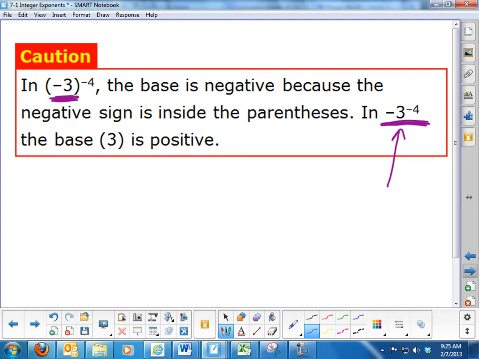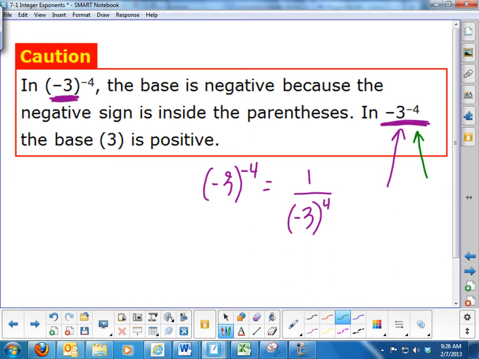So negative 3 in parentheses to the negative fourth power would be, to make my negative exponent positive, I bring it downstairs. I keep that negative 3 in parentheses though. That part's not changing. But now my 4 is positive as an exponent because it was brought from upstairs downstairs. Whereas in this example right here, my negative is going to just stay out in front. And when I bring my 3 down below, it is not negative.